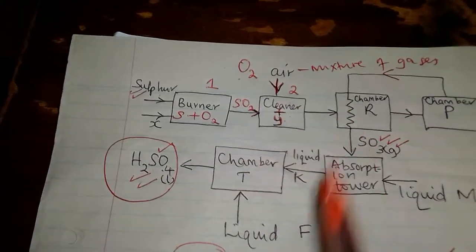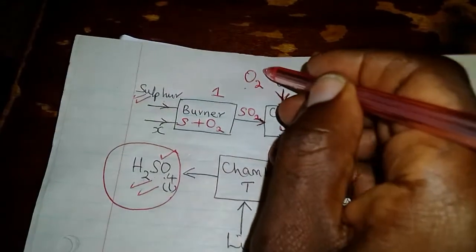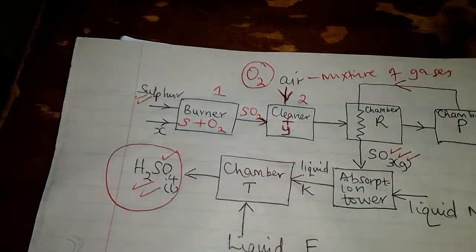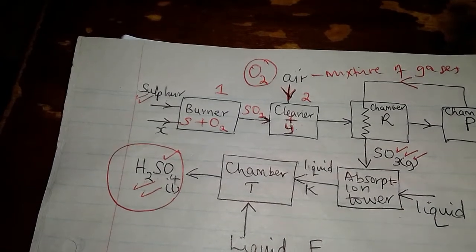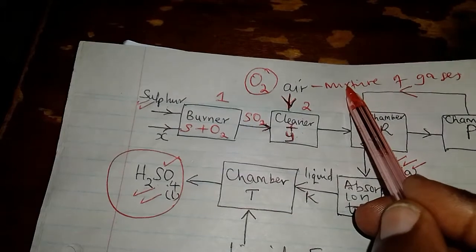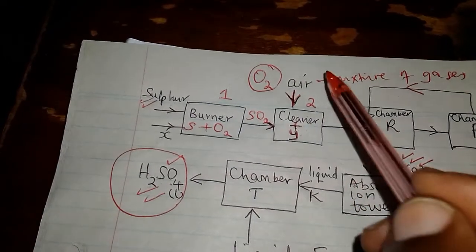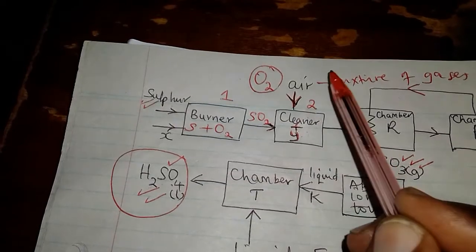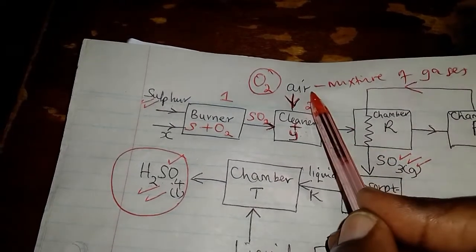Now, they have said air, a mixture of gases. Majorly, we have to consider oxygen and not that mixture of gases like nitrogen 78%, carbon dioxide 0.03%, and the other gases. We have to consider oxygen and not oxygen mixed with other gases which are not going to take part in the reaction. Because here, carbon dioxide is here, nitrogen is here, water vapor is here, dust particles are also here.